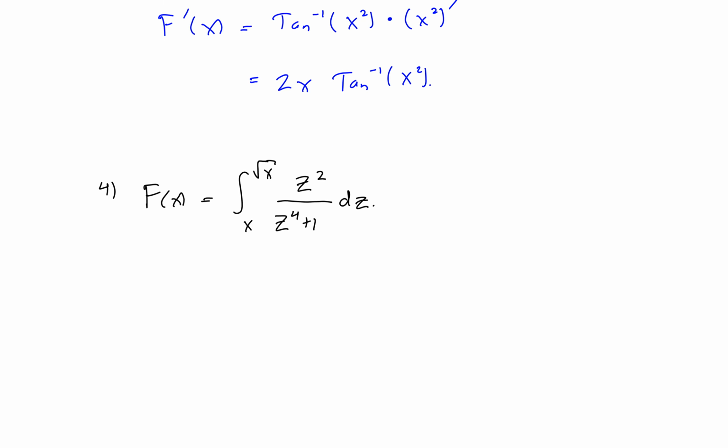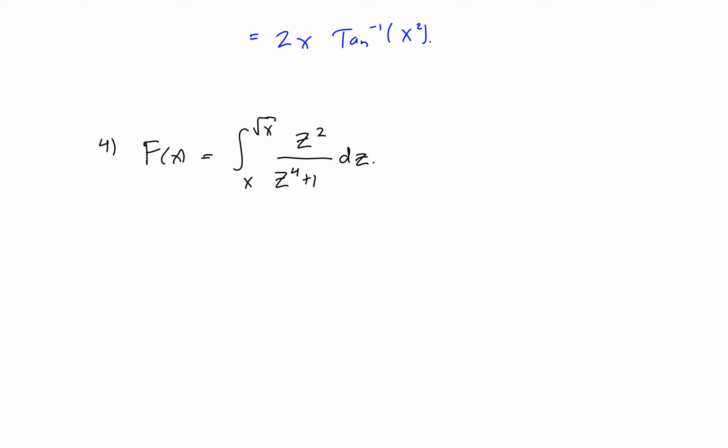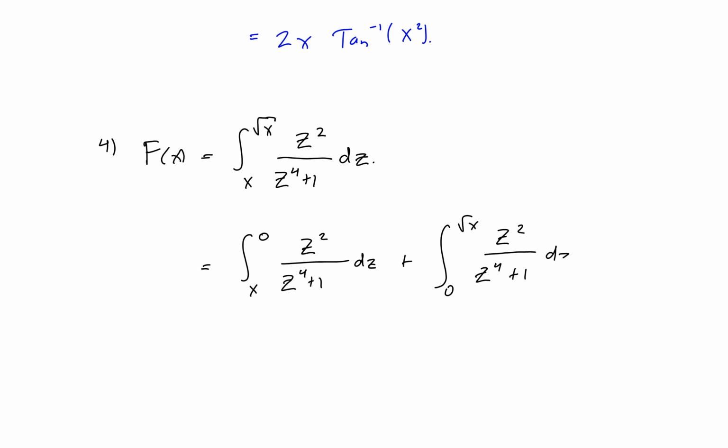So again, we don't have the situation where it's going from a number to a function or to x, but we can use properties of integrals. So remember, I can break my integral up like this. So that was one of our properties of integrals.